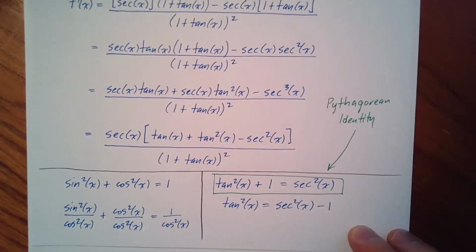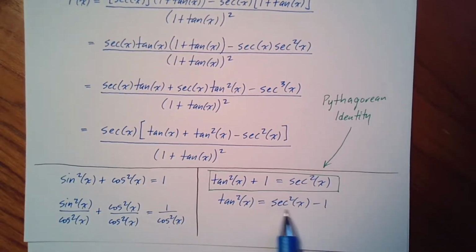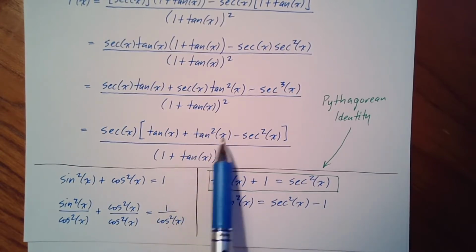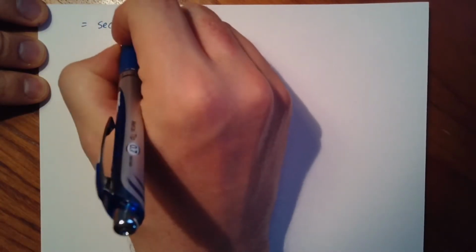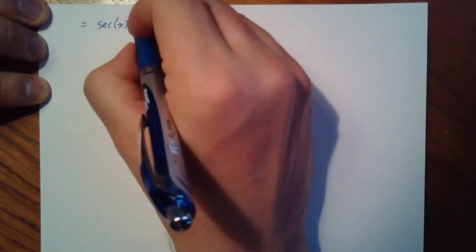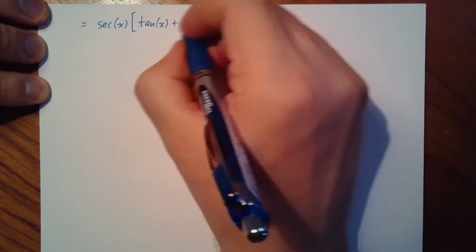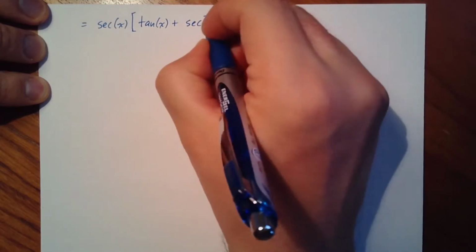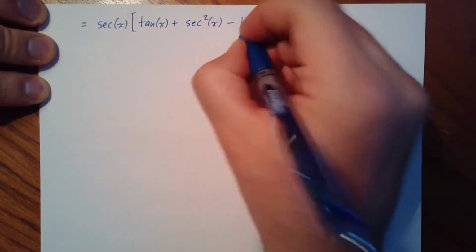Okay, so what will we get if we take secant squared of x minus 1 and plug it in for tan squared of x right here? Well, this is what we're going to get. Our next step, back to our original chain of equal signs: we've got secant of x multiplied by tan of x plus secant squared of x minus 1.